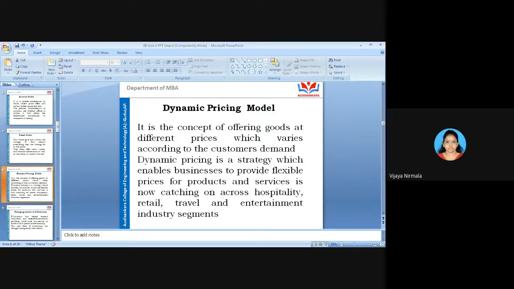And this also includes the demand sensitive pricing model. That is, the web has enabled customers to demand better, faster services at cheaper prices.